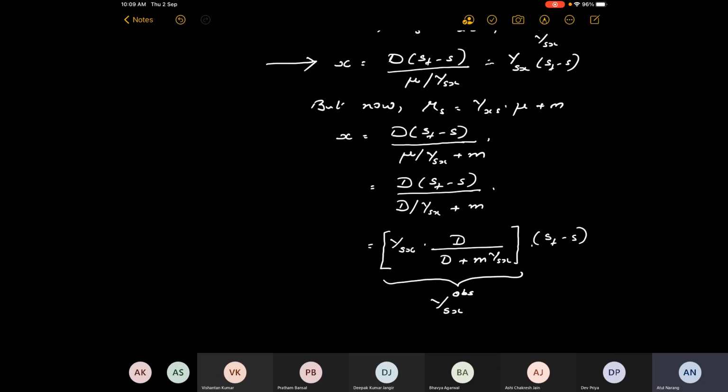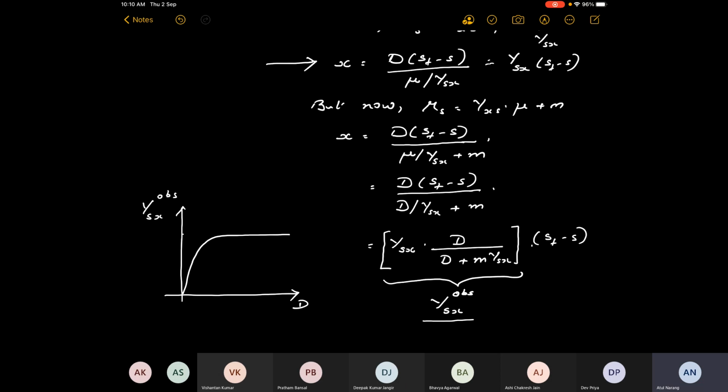It's a quantity that I call the effective or the observed yield. And notice that it is a function of D. It says that when D becomes really, really small, this quantity goes to zero. So if I plot Y_XS observed as a function of D, you can see that it is going to be hyperbolic. It's going to be like this.